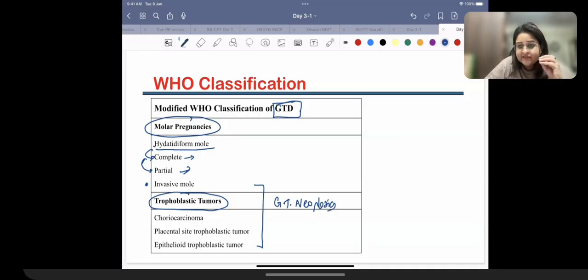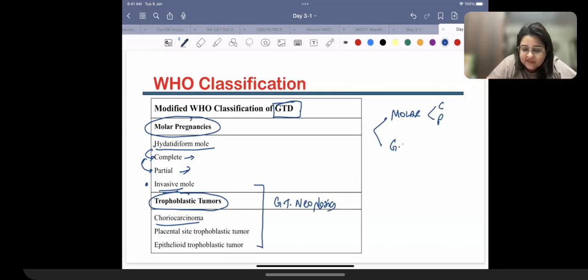Invasive mole is basically a localized form of choriocarcinoma. Choriocarcinoma is a metastatic tumor. If it's localized to the uterus, it's called an invasive mole. So this is the WHO classification. It's a little confusing, but just remember you have molar pregnancies. In molar, you have complete and partial.